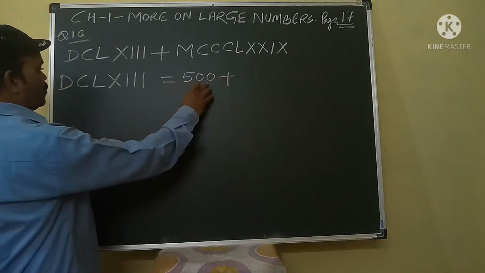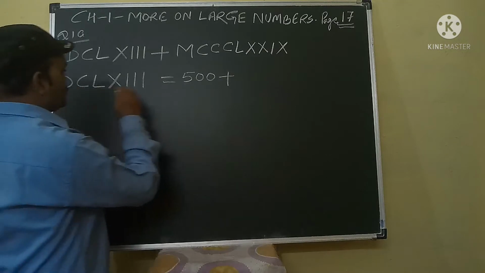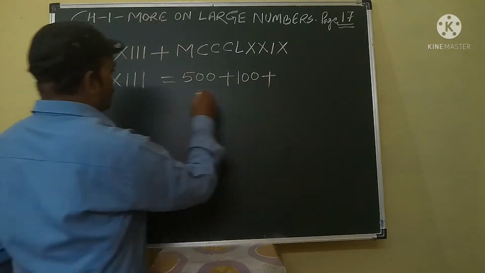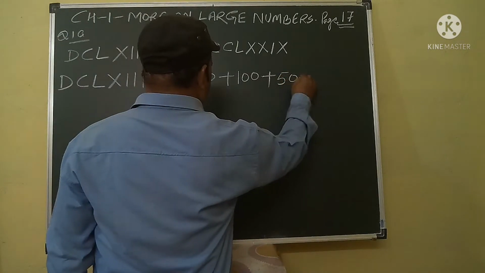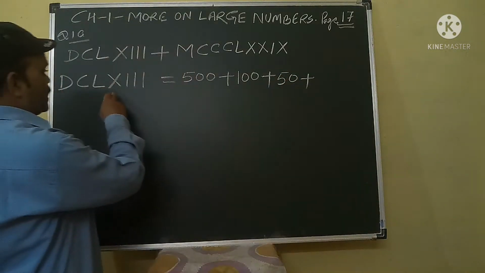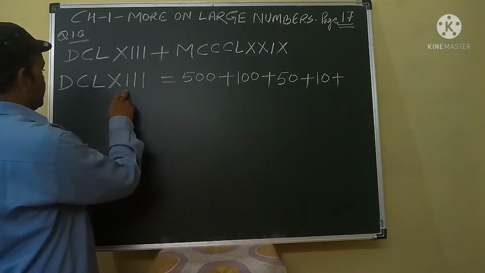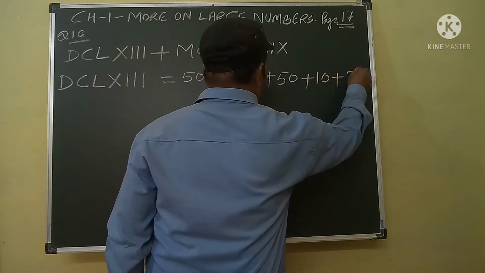C is the symbol of 100. L is the symbol of 50. X is the symbol of 10. And I is 1, so this is 3. Okay.